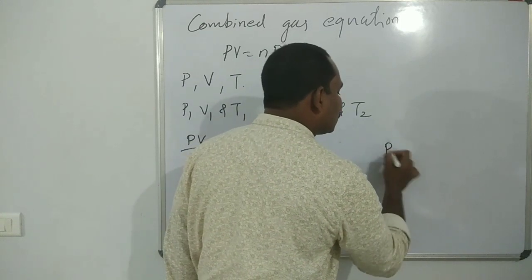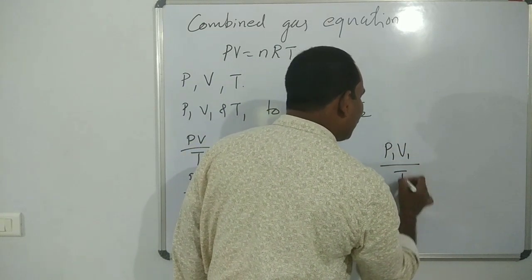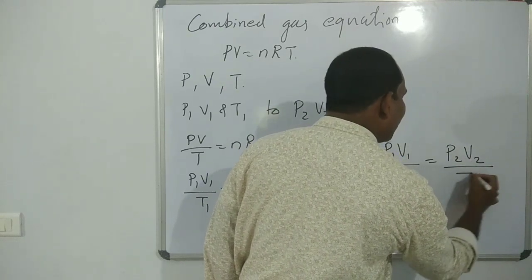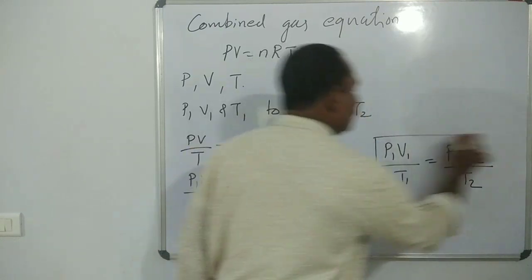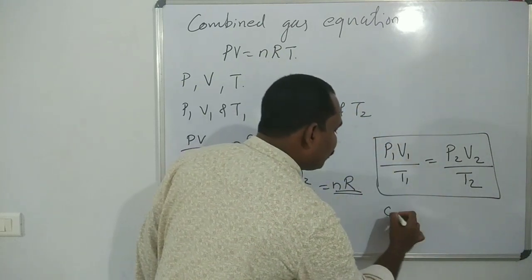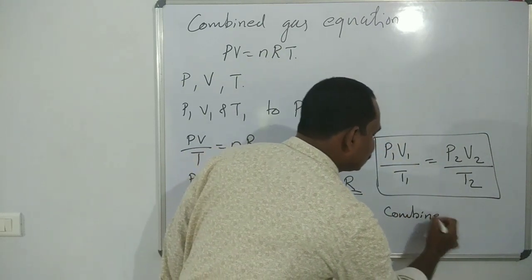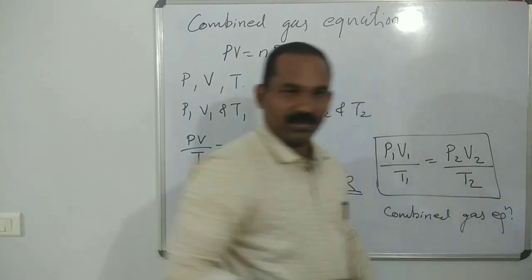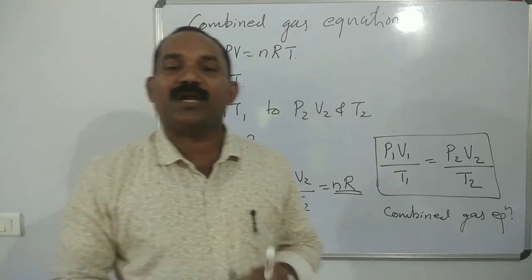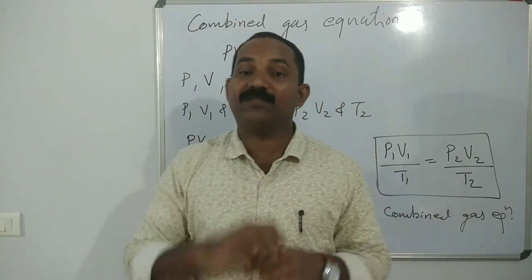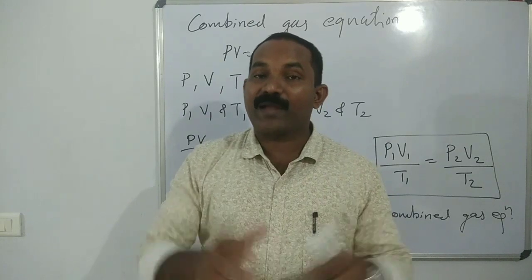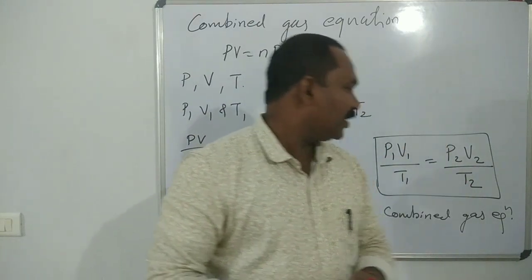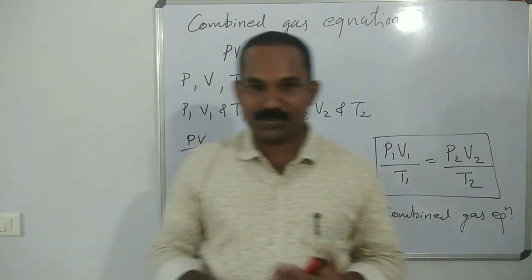So we write P1 V1 divided by T1 is equal to P2 V2 divided by T2. This is called the combined gas equation. Boyle's law, Charles' law and Avogadro's law combine to give the combined gas equation.